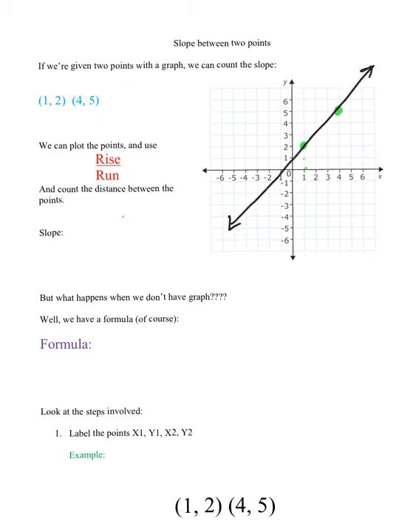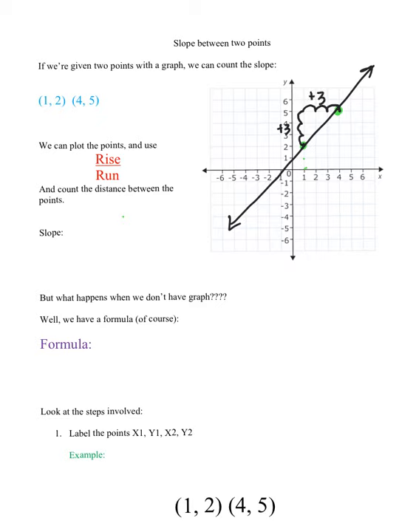Okay. So now we can count the distance between the points. Okay. So I'm going to go up first and then over. So I'm going to go up 1, 2, 3. So plus 3 over 1, 2, 3 plus 3.